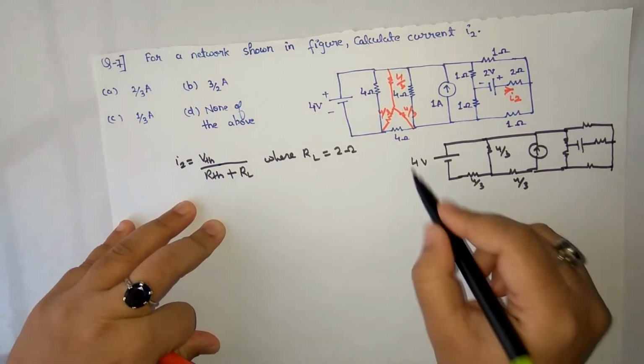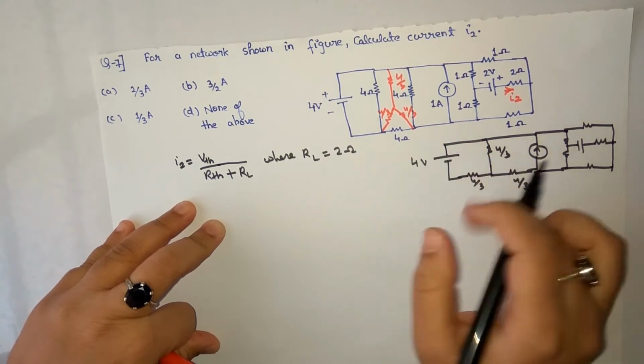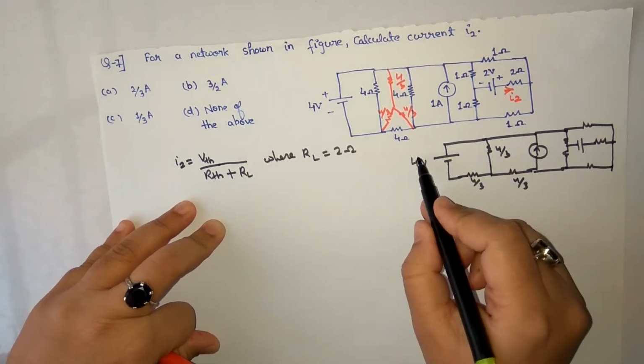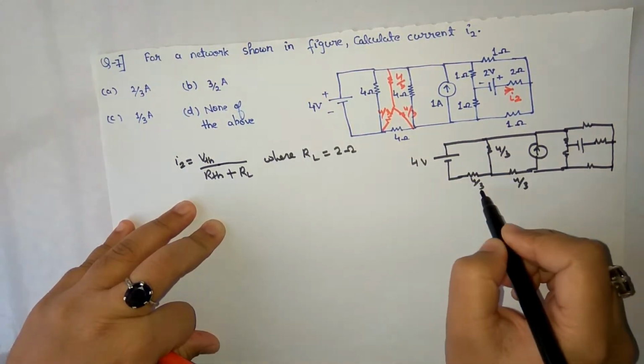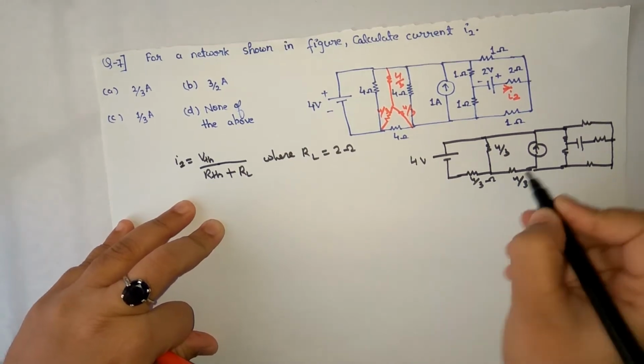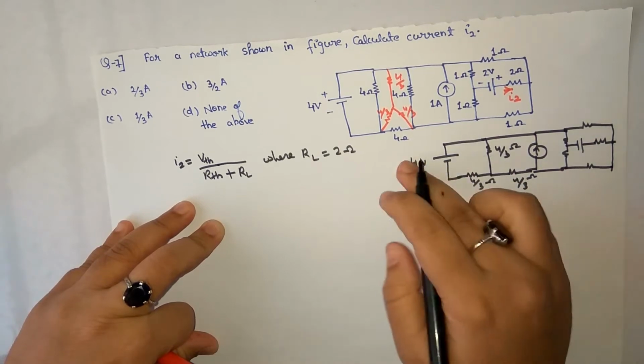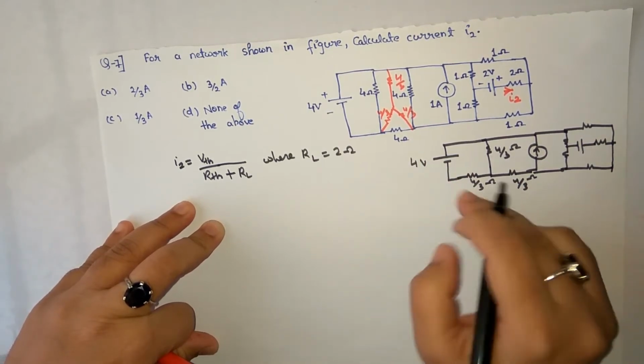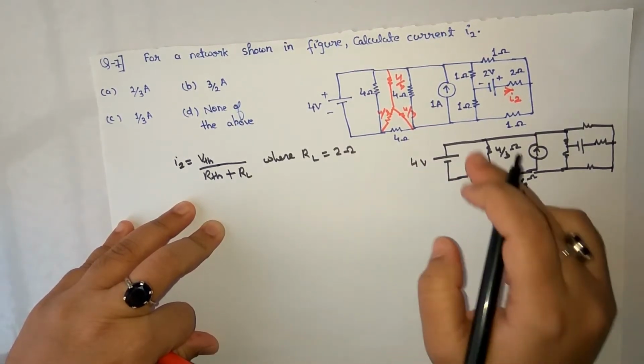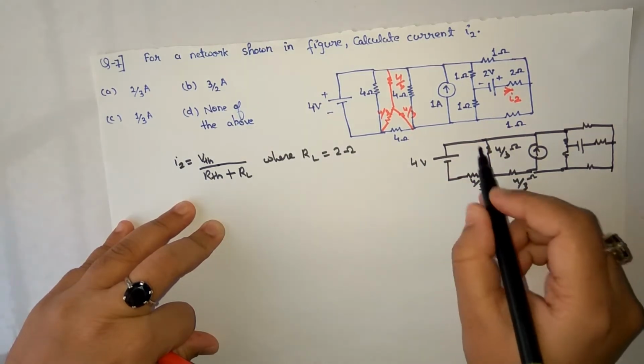Now what we can do is source transformation. This is a 4 volt source in series with this 4 by 3 ohm resistance. So we can convert this voltage source into a current source by dividing 4 by 4 by 3, and the resistance 4 by 3 will come in parallel.